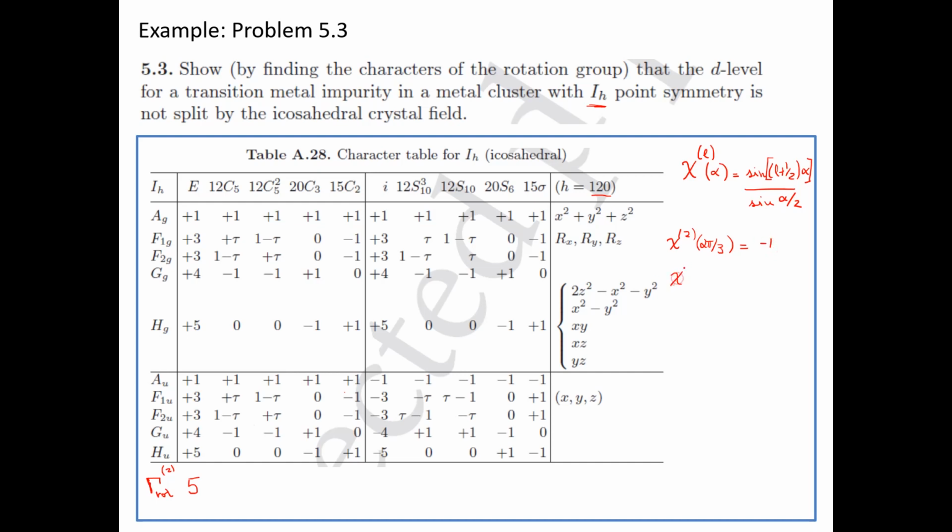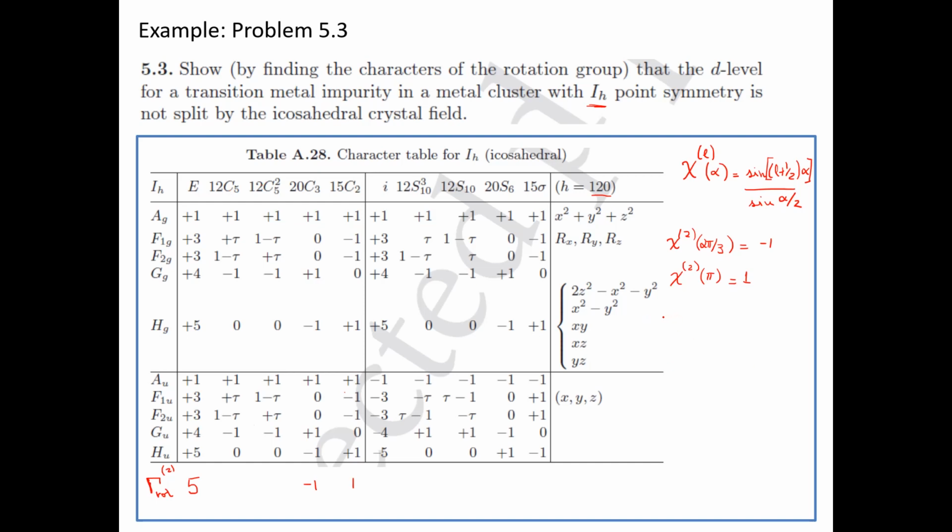And if you have a pi rotation, a C2 axis, this is equal to 1. Okay, so we know already that this is -1, this is 1. Now let's consider the C5 class.